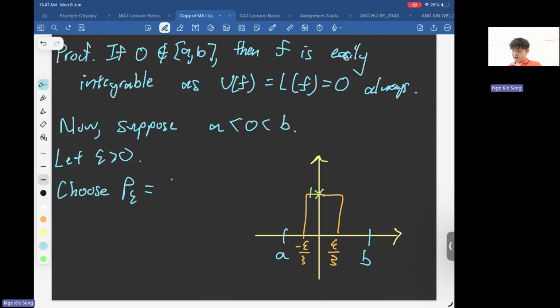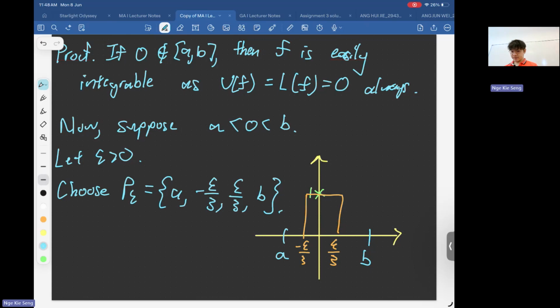We choose P epsilon to be a, minus epsilon over 3, and then b. I didn't create more points inside my partition. What I do is I consider the partition with the length decreasing when it involves the point 0. Get smaller and smaller and smaller.